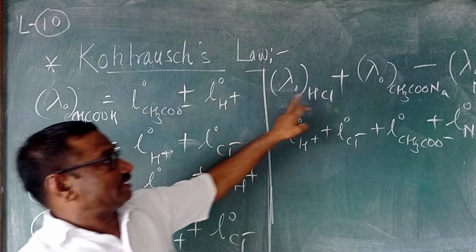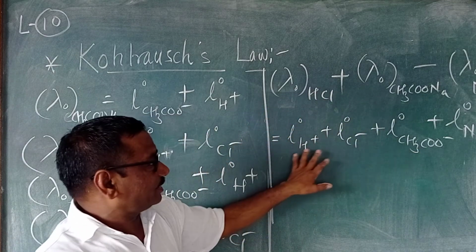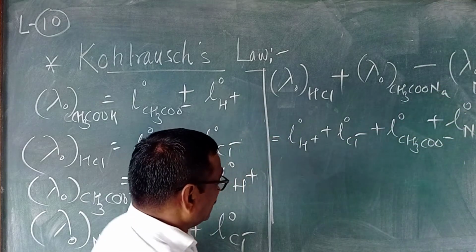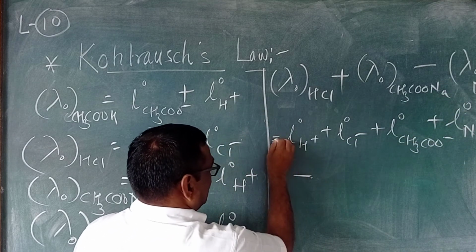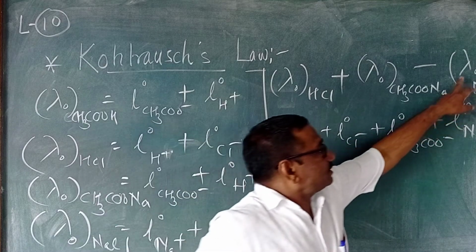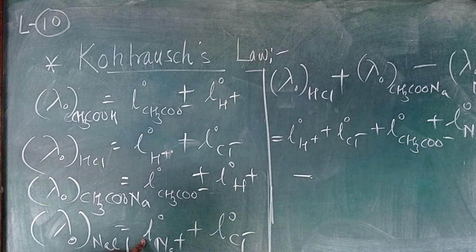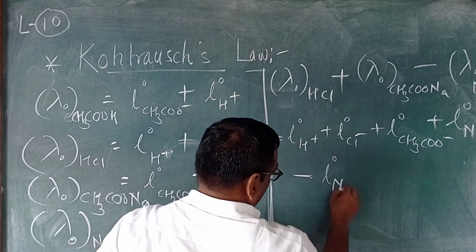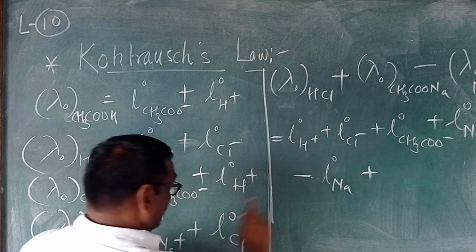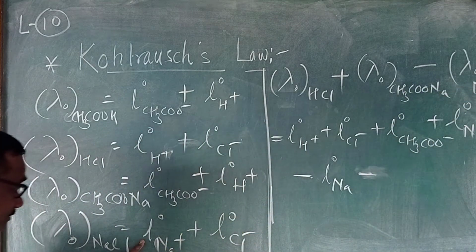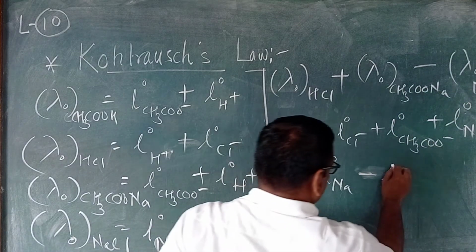This is the addition of the ionic conductances of two strong electrolytes, HCl and sodium acetate. Now subtract the ionic conductances of NaCl, L0 Na plus and L0 Cl minus.